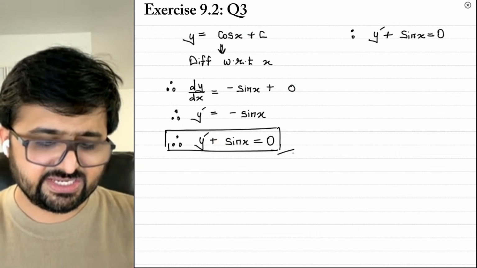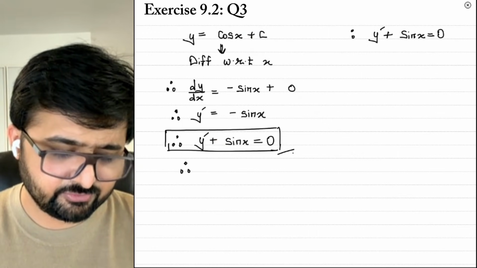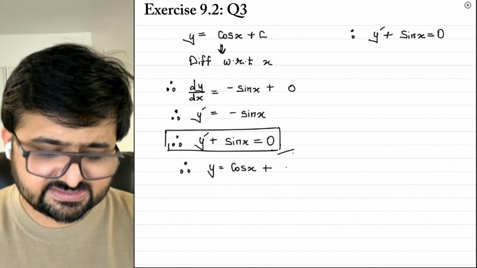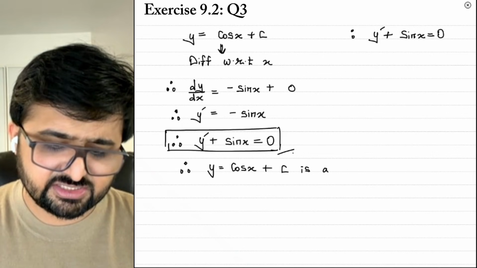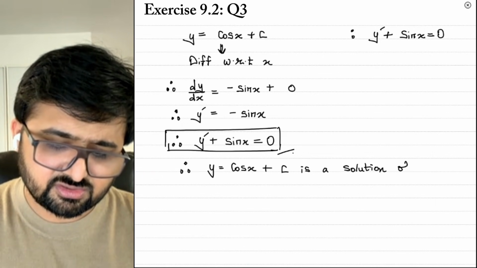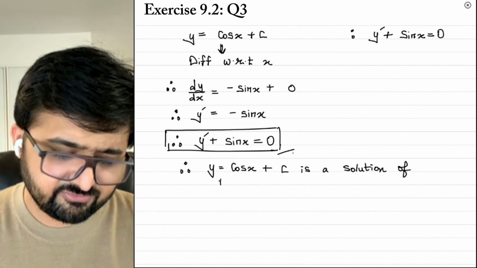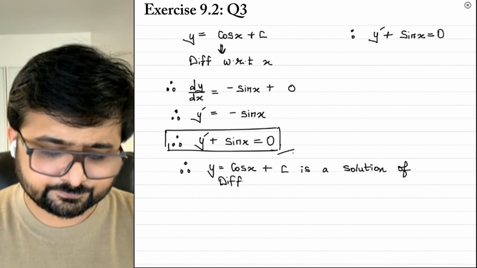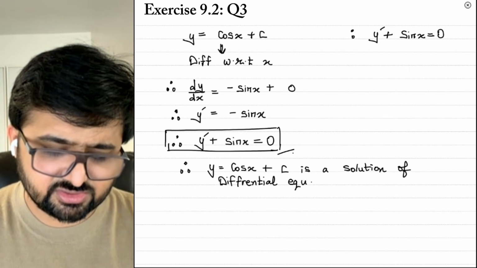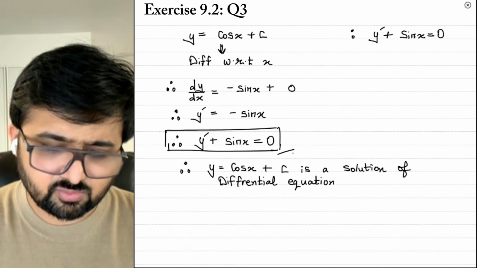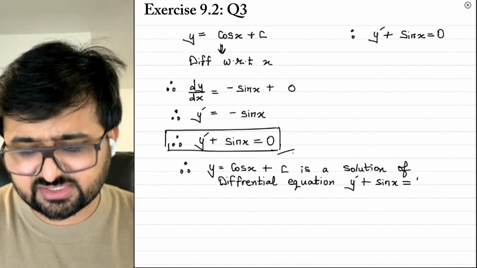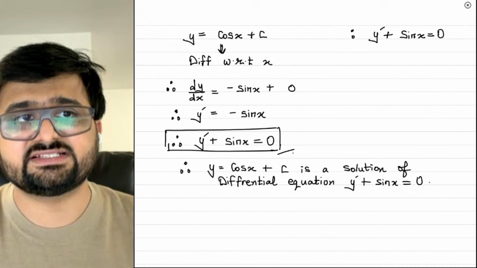Okay, so hence it is proved that therefore y equal to cos x plus c is a solution of a differential equation y dash plus sine x is equal to 0. That's what you have to write in exam to get full marks.